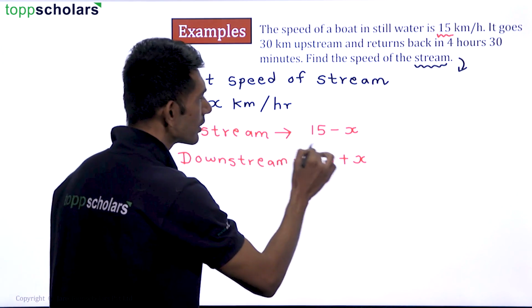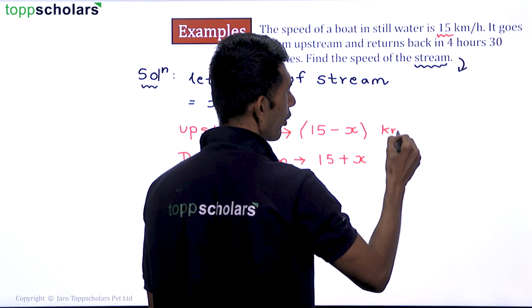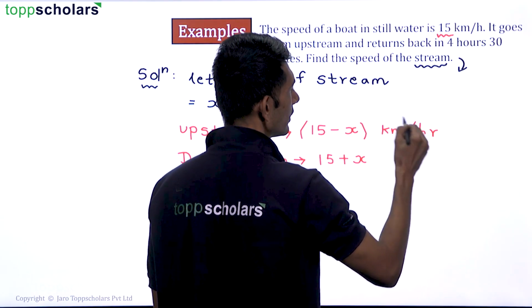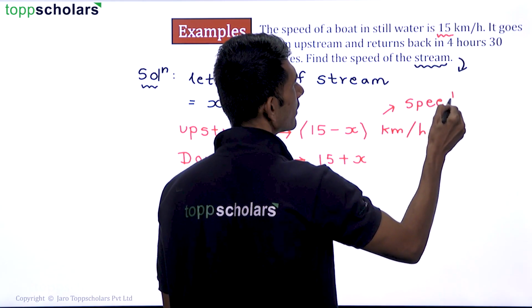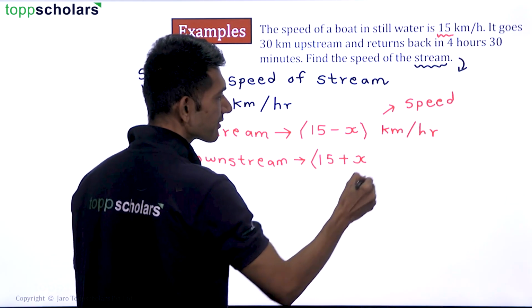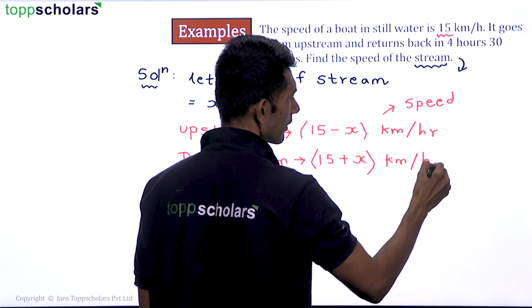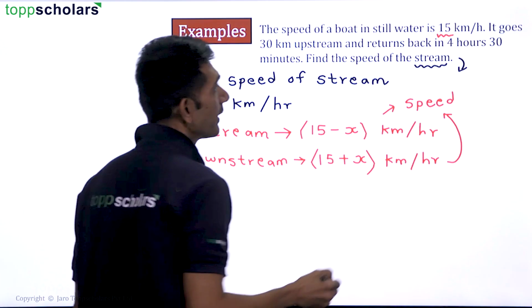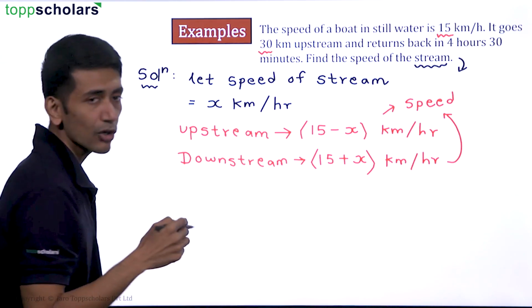And it goes 30 kilometers upstream and returns back in 4 hours 30 minutes. So this is the speed, that is 15 minus x kilometers per hour. This is also speed, 15 plus x kilometers per hour. Now it goes 30 kilometers upstream and 30 kilometers downstream.